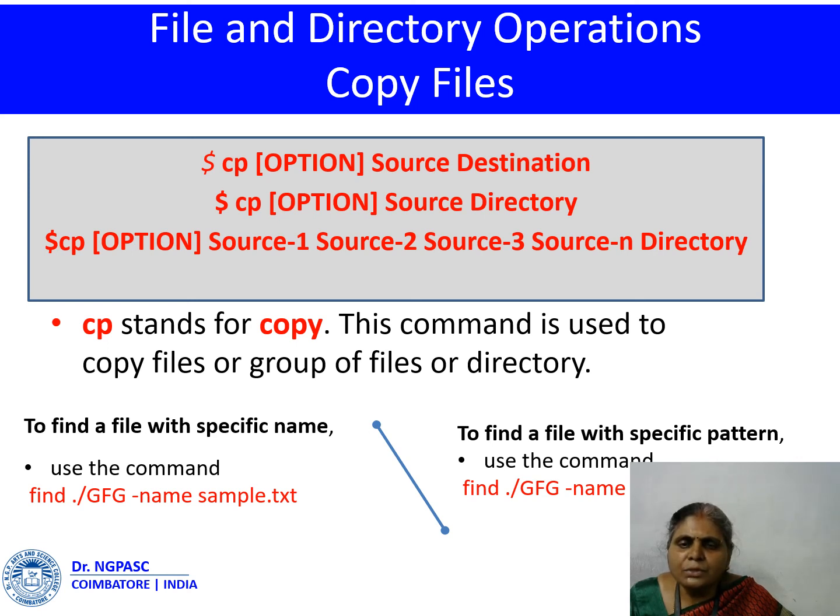So when you have a source and the directory, it will be copied to this particular directory. Next, cp source 1, source 2, source 3 up to source n directory. Then all these files will be copied into this particular directory.